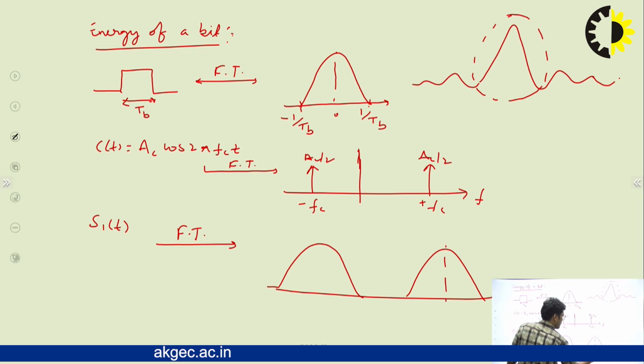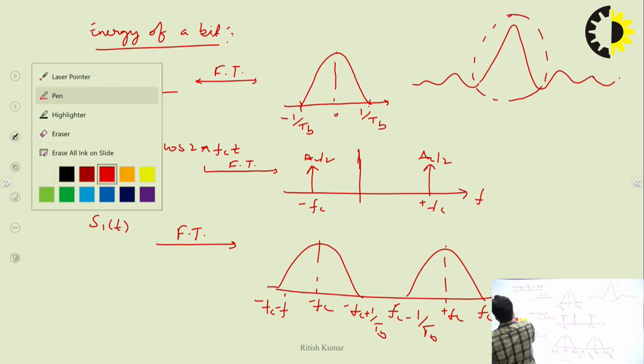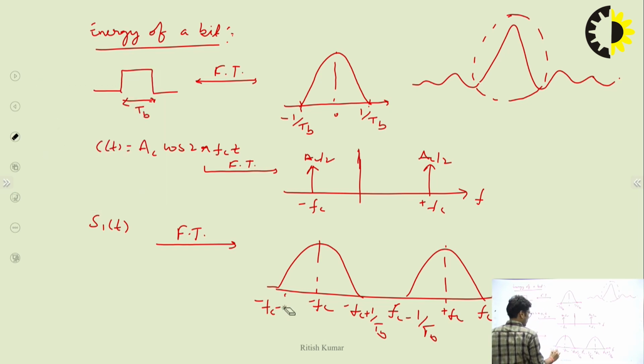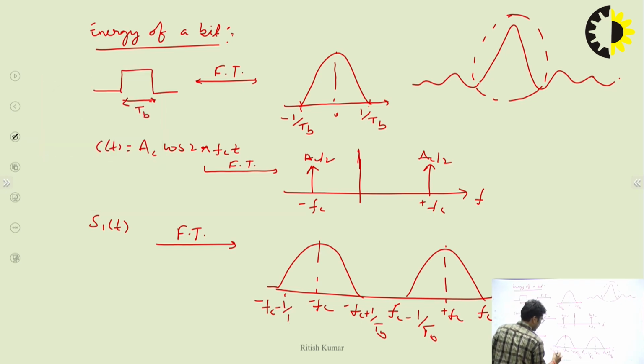This point is plus FC and this point is minus FC. So this is FC plus 1 by TB, FC minus 1 by TB. Similarly, we have minus FC plus 1 by TB, minus FC minus 1 by TB.